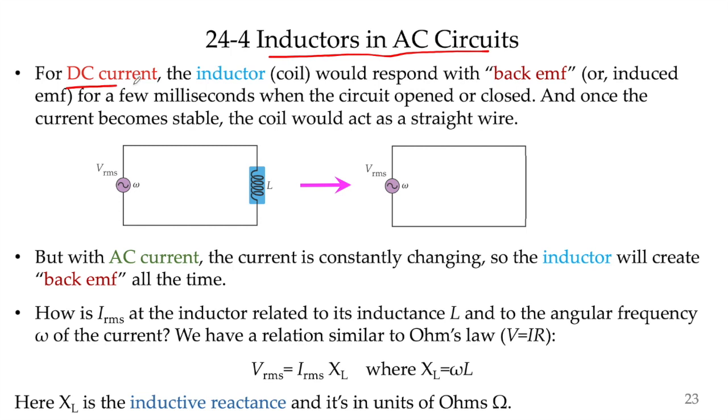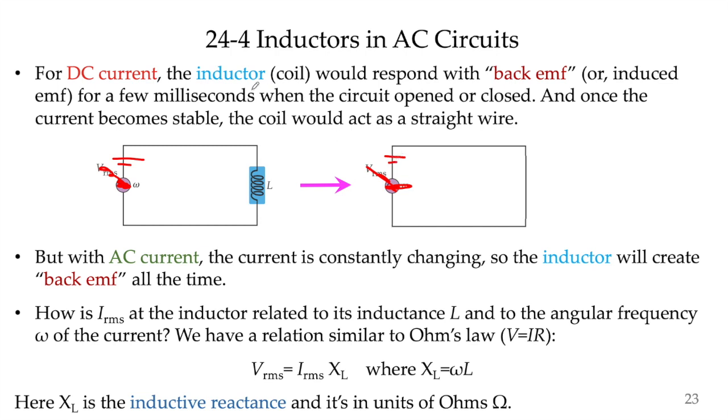For DC current, the inductor or coil would respond with back EMF. By the way, these should be batteries. We're talking about a DC source. So there's a DC circuit here.